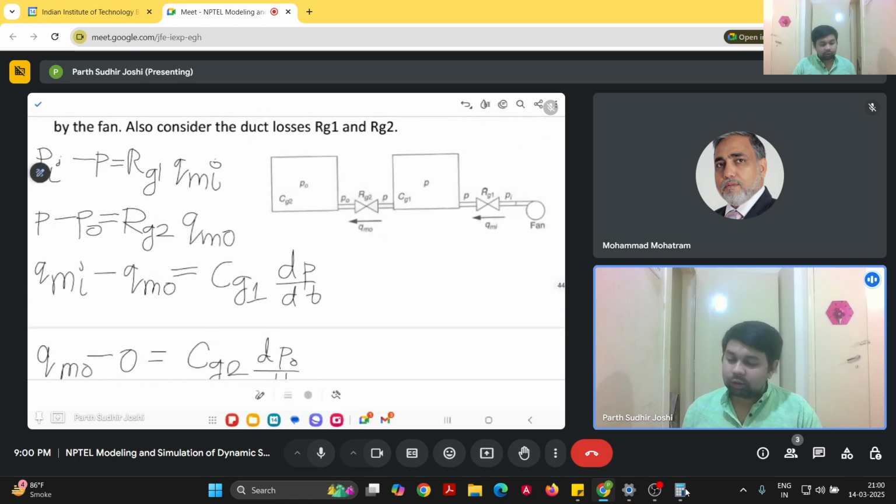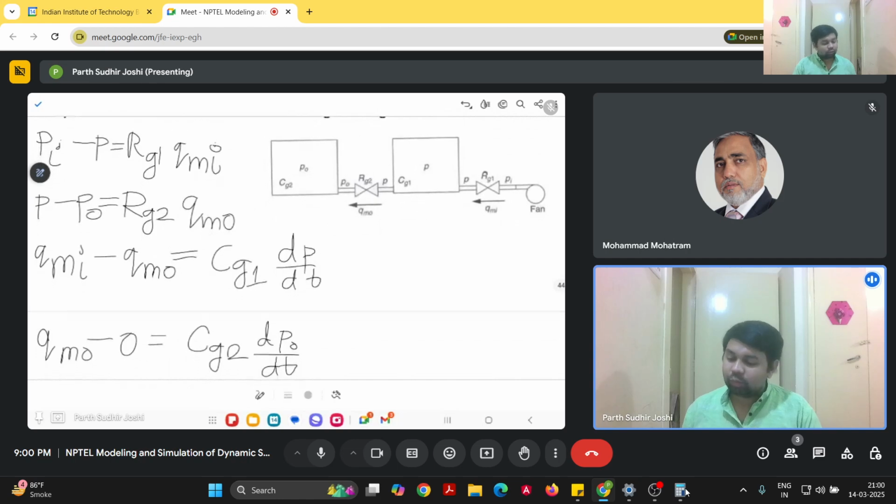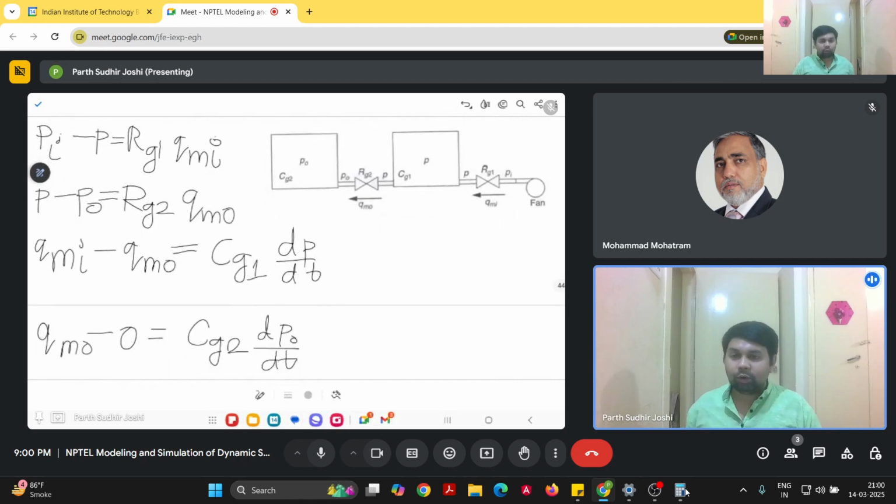We can use these equations and rearrange them. It's just algebraic manipulation now to derive the final equation.